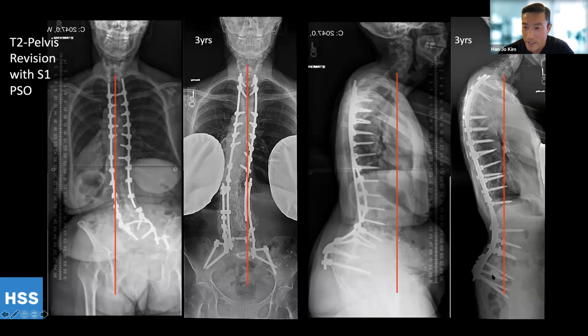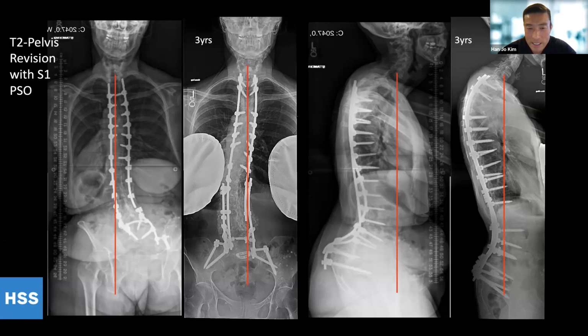So I put an interbody into the PSO site to aid in bone-on-bone opposition. There you can see the interbody. I addressed the PJK with a single level SPO at that segment, took those screws out, and then extended the patient 2 levels above. She's about 3 years post-op now, doing very well, sends me Christmas cards, was very happy.